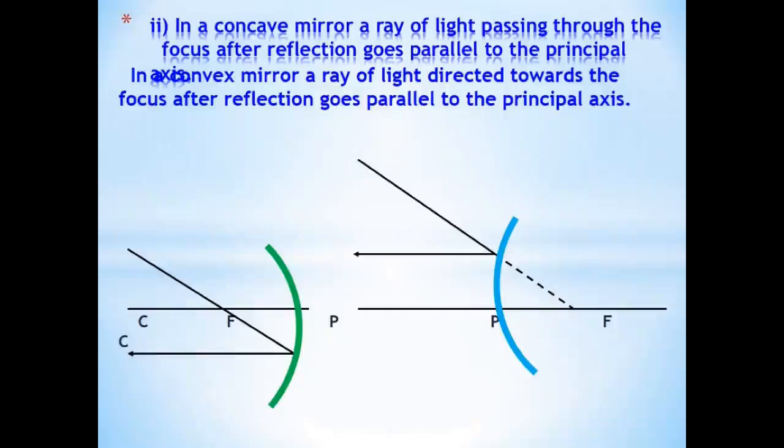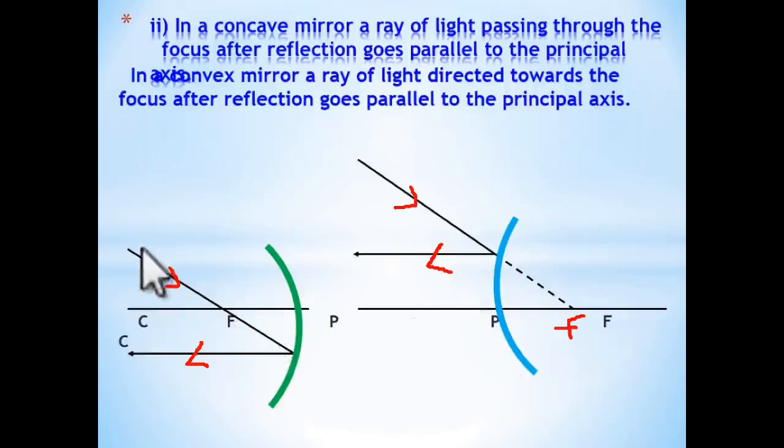In a concave mirror, a ray of light passing through the focus after reflection goes parallel to the principal axis. You see, the ray is passing through the focus, then after reflection it goes parallel to the principal axis. In a convex mirror also, the ray appears as if it is going to the focal point, and it reflects back and goes parallel to the principal axis.